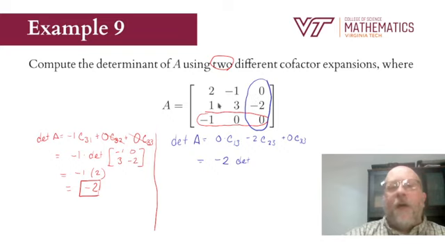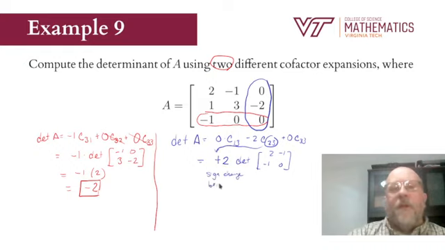When we leave out row 2 and column 3, we're left with 2, negative 1, negative 1, 0. And 2 plus 3 adds up to an odd number. And so we're going to change the sign and make this positive. Sign change, because 2 plus 3 is odd.